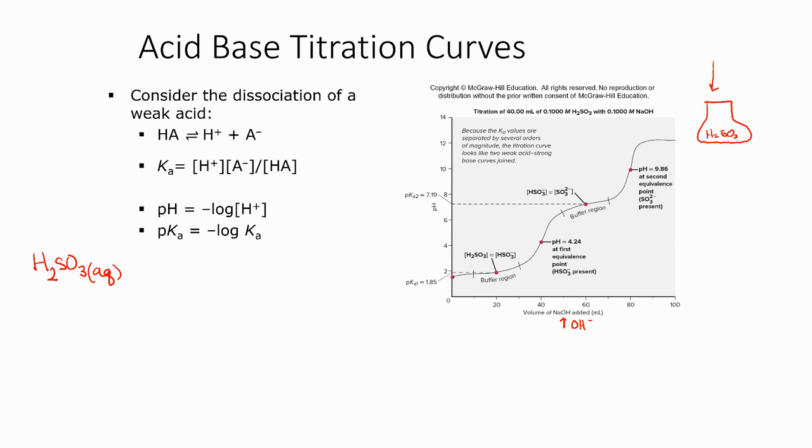I'll have a link to an animation and also a video of a real titration in case you don't remember. But normally what we do is we add into this flask, via a burette, NaOH.